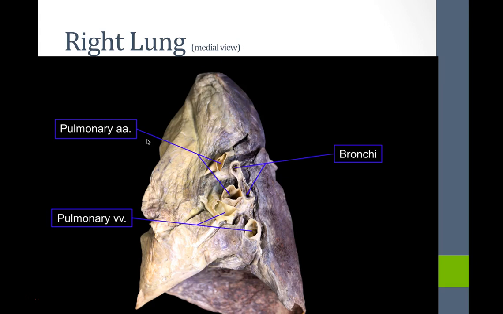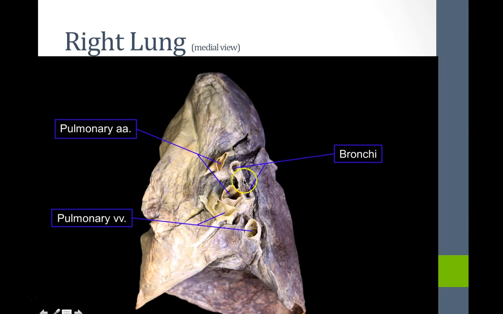You'll see that the pulmonary artery, bronchi, and veins are situated a little differently depending on whether you're looking at a right lung or a left lung. At the hilum, usually we will see two branching pulmonary arteries, one superiorly and one more in the middle portion of the hilum.